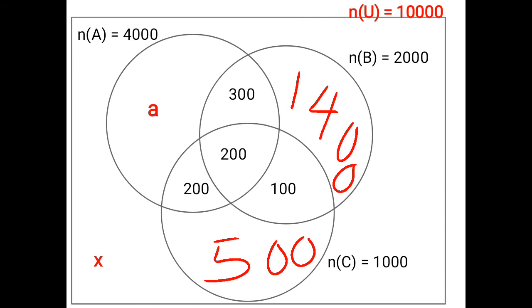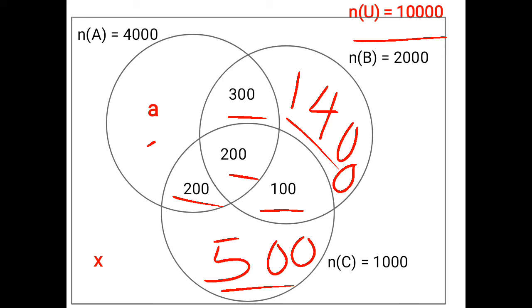So I should get A plus 300 plus 200 plus another 200 plus 100 plus 500 plus 1,400 should give me my total, which is 10,000.